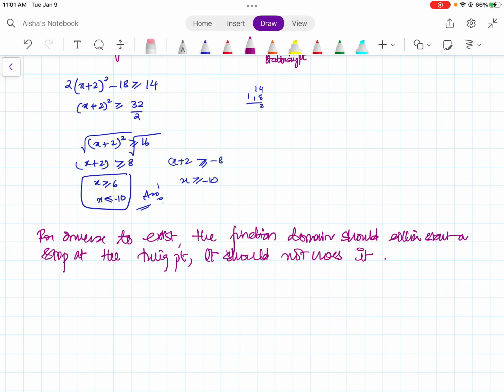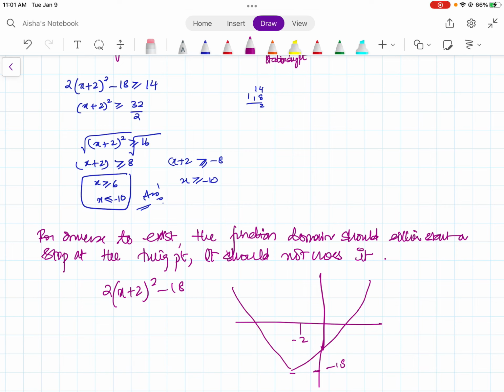If I look at this function, this is my function. And if I plot it, the turning point is minus 2, minus 18. This is how the function looks. So either it should be greater than minus 2 or less than minus 2. So the value of k should be minus 2 for the function to be 1 to 1.